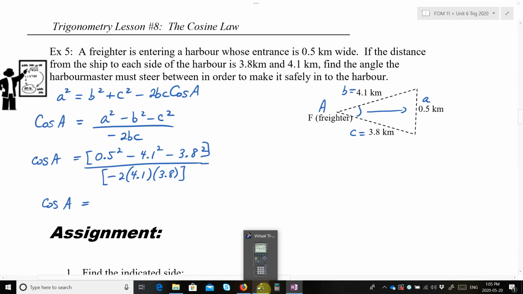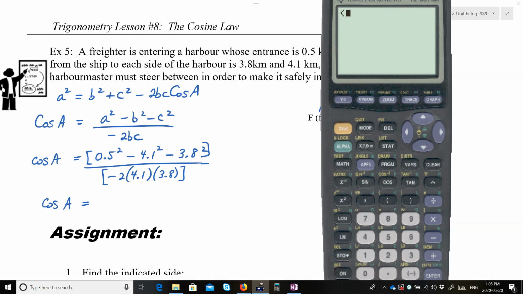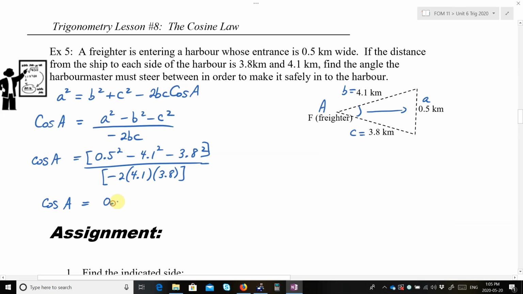So cos A ends up equaling 0.5 squared minus 4.1 squared minus 3.8 squared divided by negative 2 times 4.1 times 3.8, 0.9948, and a bunch of stuff.